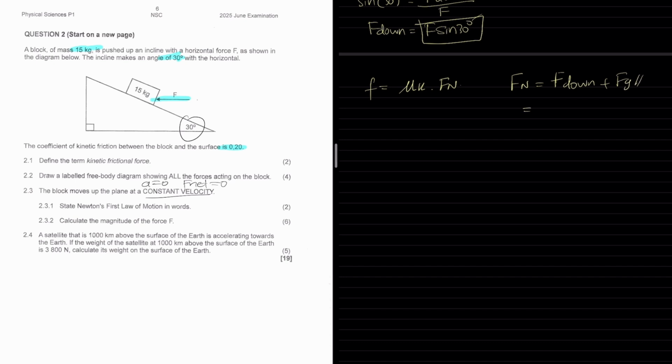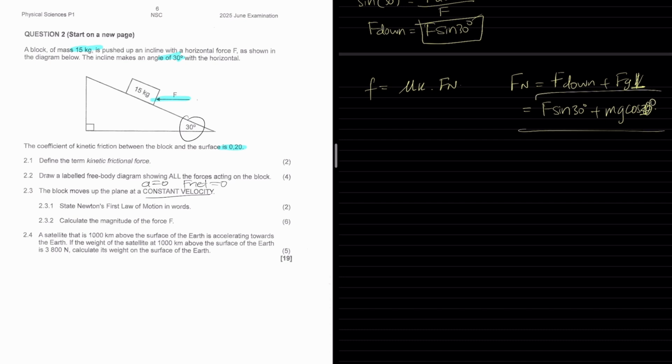Now we said that F down is going to be F sine 30, and Fg perpendicular is going to be mg cos theta. Well, we know theta is 30 degrees.